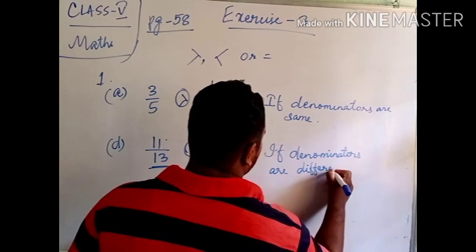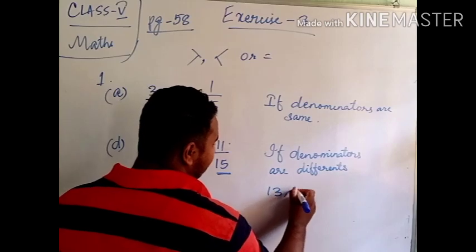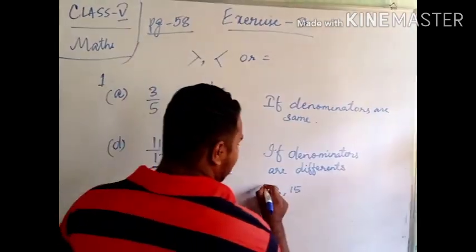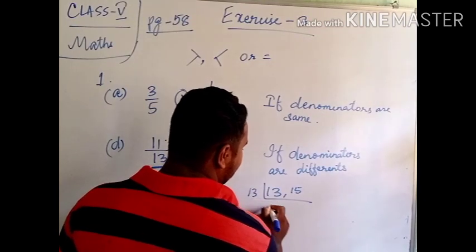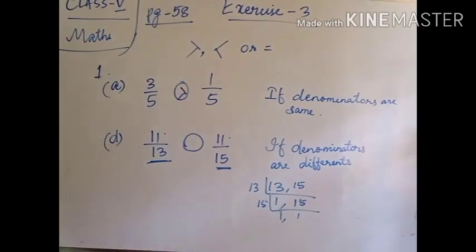You have to take the LCM of 13 and 15. So how will it come? Look here, up to this we have completed. We have to take the LCM now.